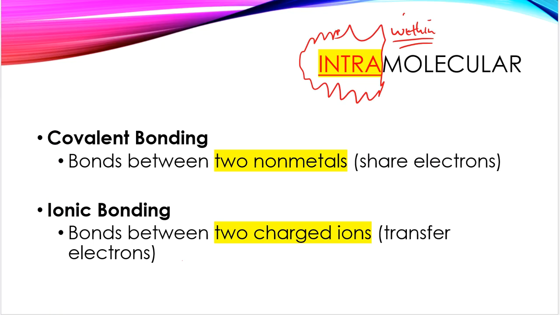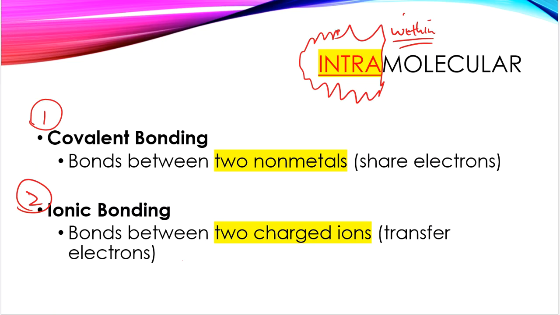And that glue is going to be two different types. It's either going to be something that we call, number one, covalent, or number two, ionic. It's going to be one or the other. And we've got to figure out a lot of times, okay, what is the glue that's present? Because that will help me to determine what I need to do later on as far as testing goes.